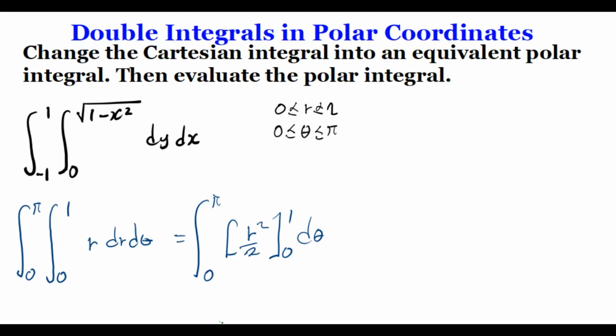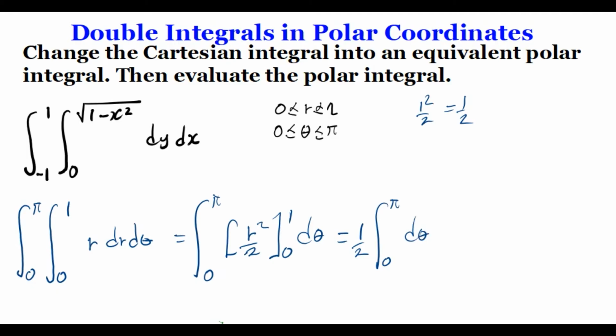This is actually straightforward. When you plug in 1 there, that's going to be a constant, 1 squared over 2, which is 1 over 2. So bring it outside, that's going to be 1 over 2, then the integral from 0 to pi d theta.